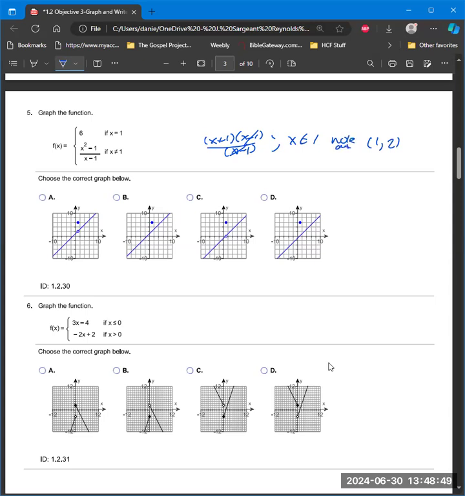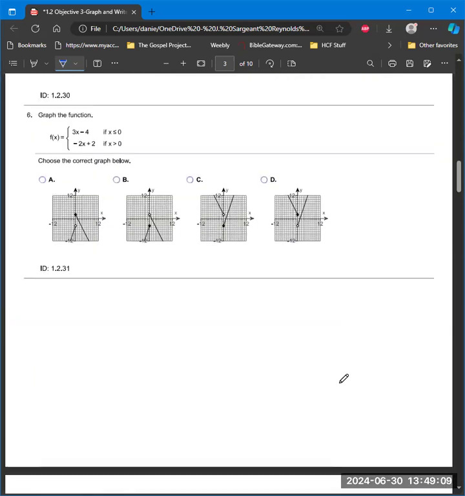And that hole has a point above it at 1, 6. That looks like A. All right.